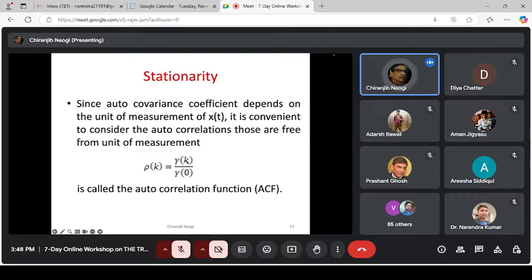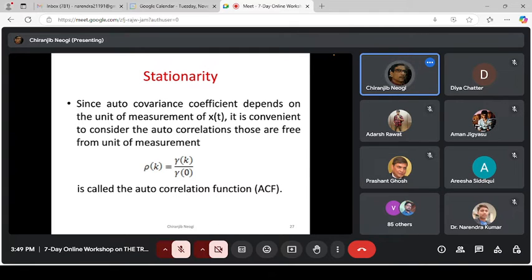As I told you, the numerator is the correlation of two variables at two different points of time with lag k.